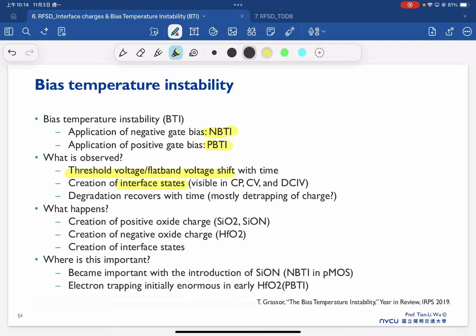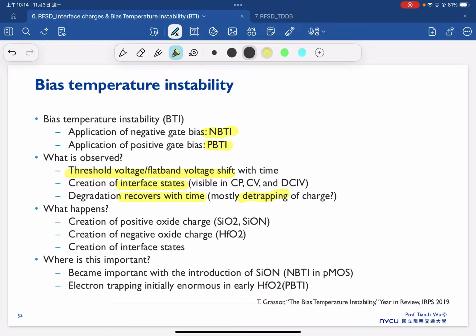If we use charge pumping, CV, DC, IV, then we will see the influence coming from this BTI effect, and this also can recover with time. And when we talk about recovery, sometimes it is mainly due to detrapping, but not all of it is due to detrapping. Sometimes we have some additional issues here.